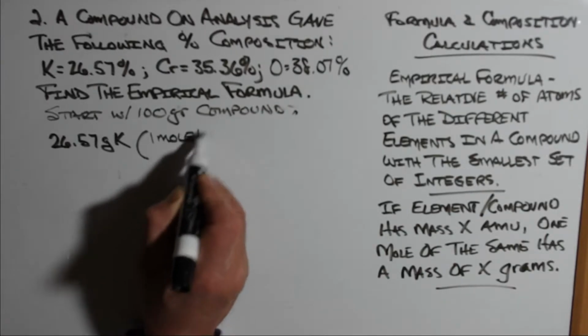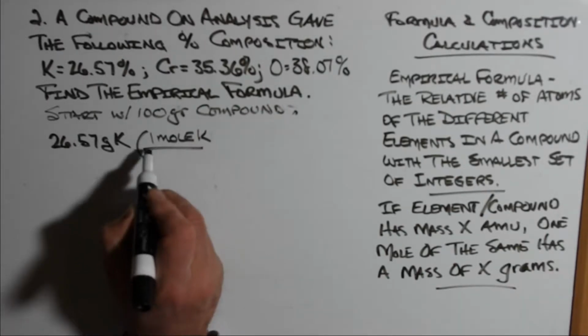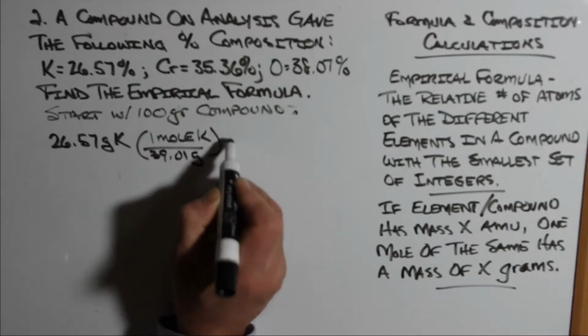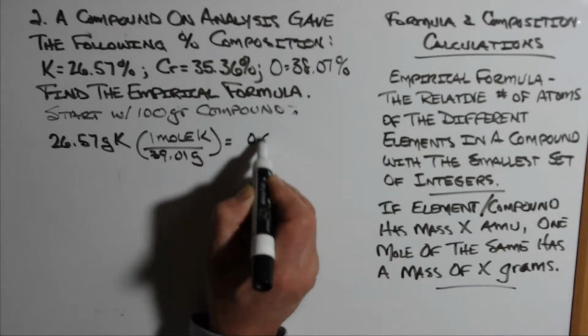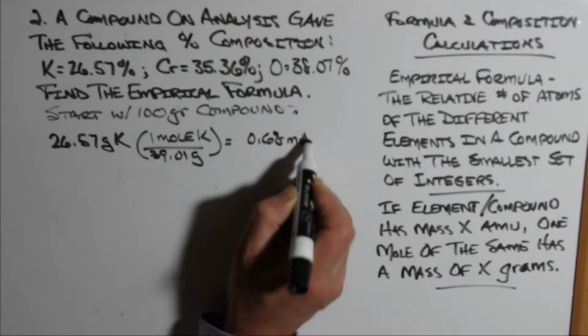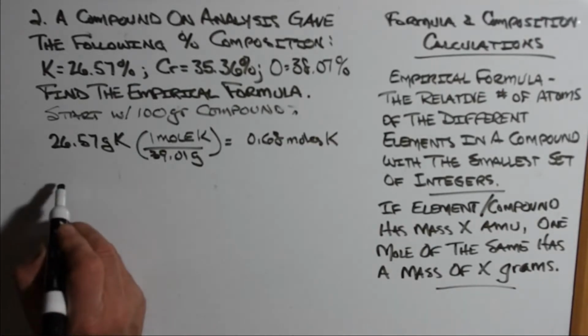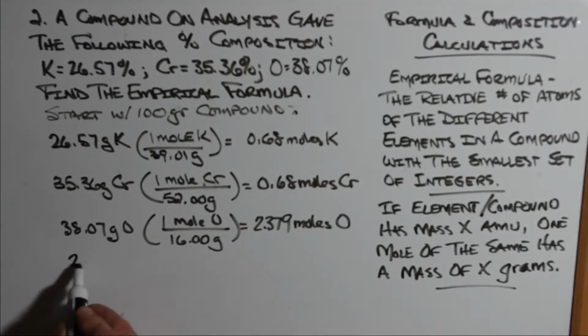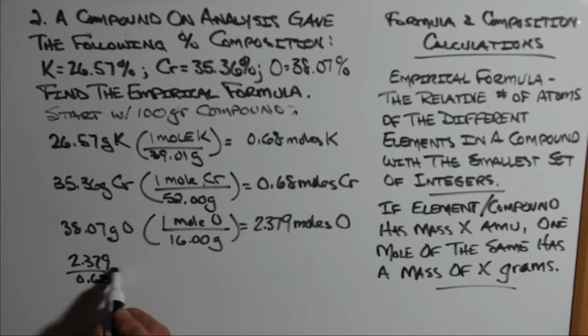And recalling that 1 mole of potassium has a mass of 39.01 grams, we find that we have 0.68 moles of potassium. Likewise, for chromium, we come up with 0.68 moles of chromium and 2.379 moles of oxygen.